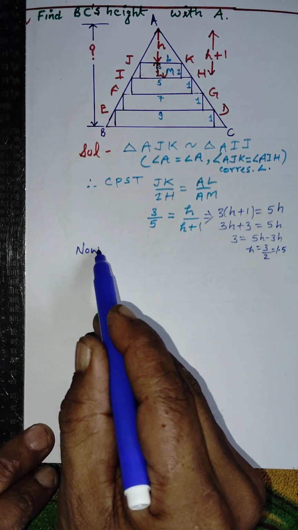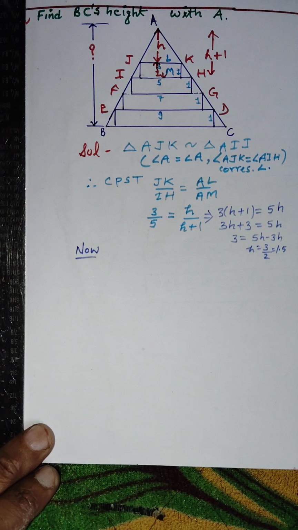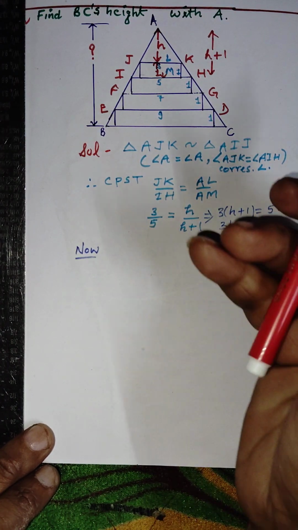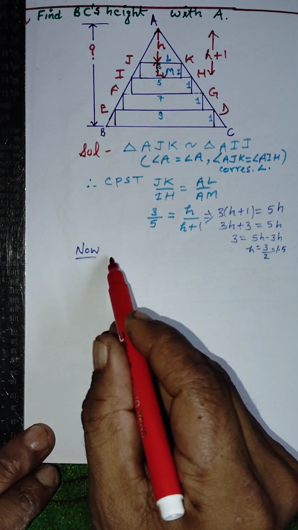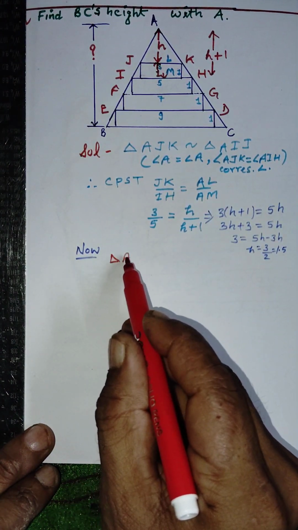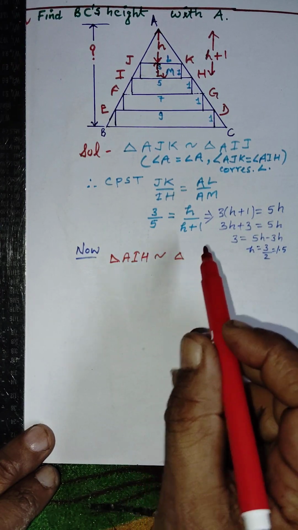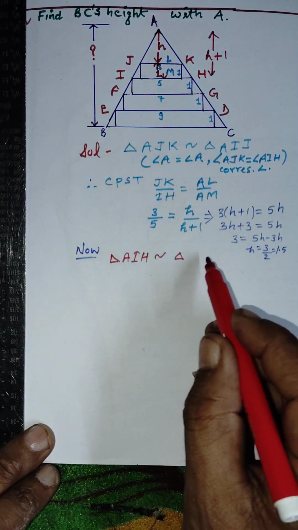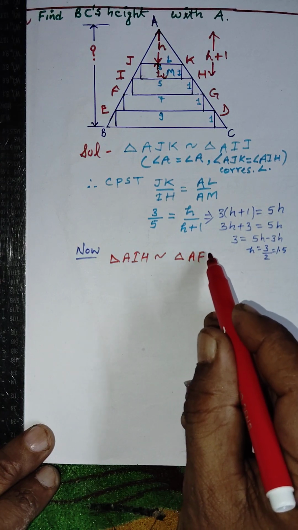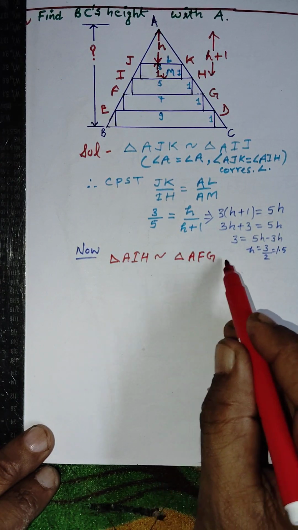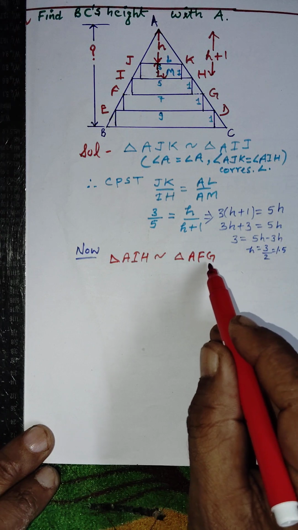After finding H as 1.5, next we are considering a different pair of triangles: triangle AIH similar with triangle AFG. Why? Angle similarity.